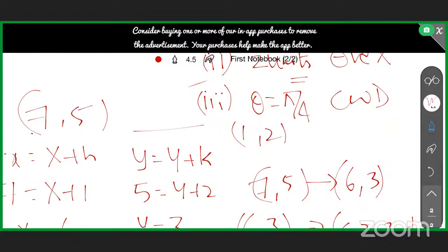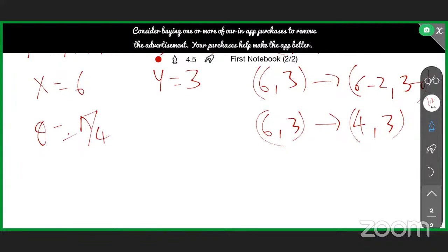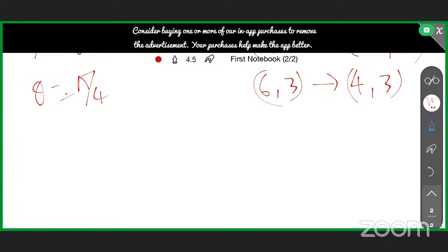Since clockwise is given, use the same table: capital X will become x cos theta plus y sin theta, and capital Y is minus x sin theta plus y cos theta.